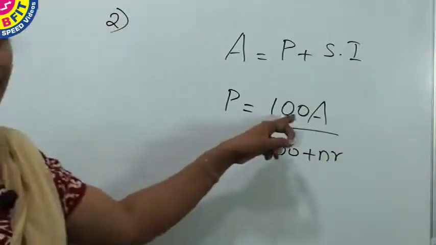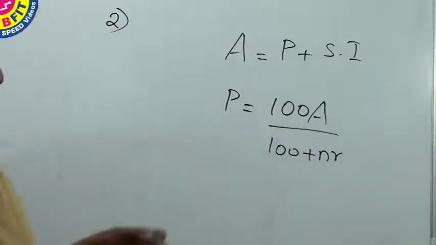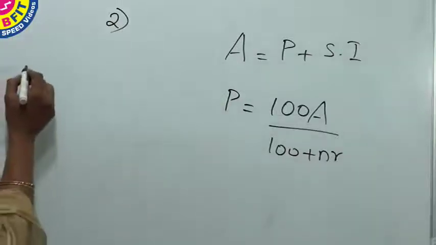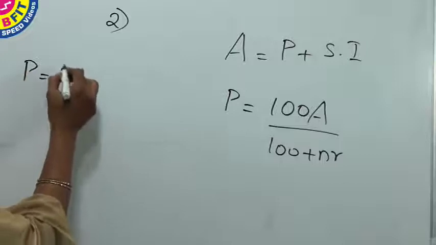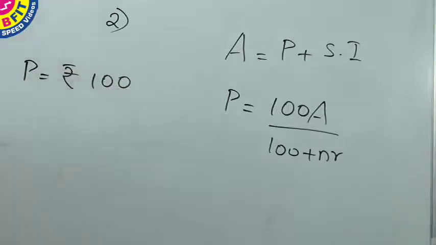So amount is given, number of years and rate percent, principal is calculated. But instead of using this formula, we will take that the sum deposited is rupees 100, and we'll see what will be the interest got for this amount at 5% for 7 years.